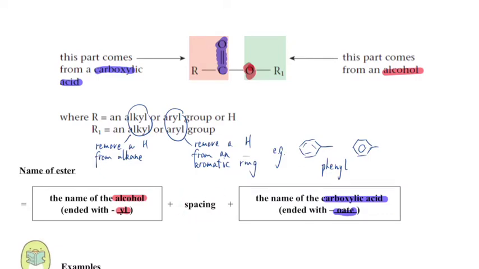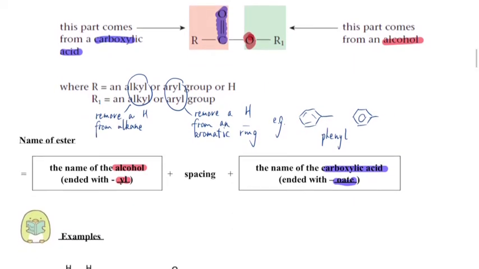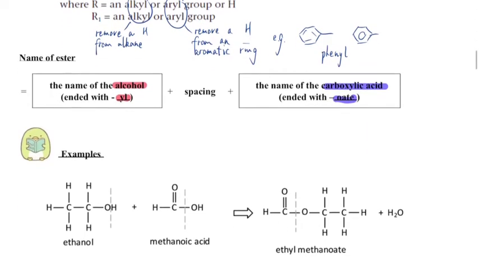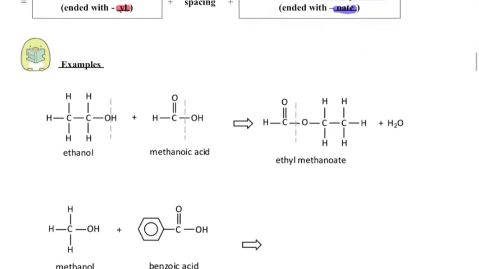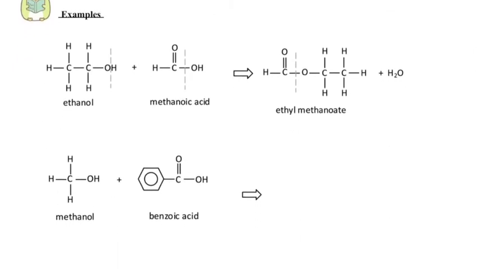Okay, it sounds a little bit confusing, but after I show you an example, it might get a bit clearer. So here, you can see I have an alcohol, ethanol, and I also have a carboxylic acid, methanoic acid.